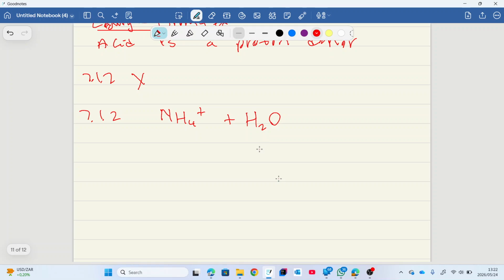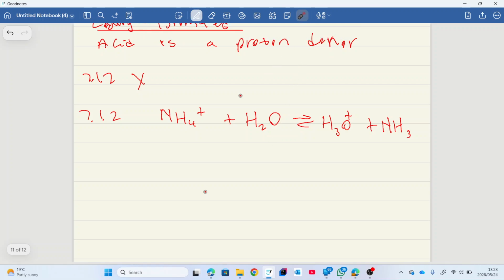That is hydrolysis. Right? Now the reaction needs to be reversible. Because NH4 plus is positive, it is going to donate the hydrogen atom so that we can have our hydronium ion. Then it will be left with NH3. Okay, so this reaction will be called the hydrolysis.